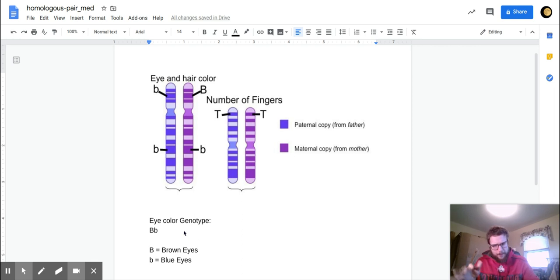Now, we talked about dominant recessive a little bit on Tuesday as well. Here's how this works, and I think I said this on Tuesday. If you go back to your vocab, it's in there. If you have a single dominant allele for any particular trait, then your phenotype is going to be whatever that dominant allele represents. So in this case, this person, they got one trait for eye color from mom. They got one trait for eye color from dad. One of them was the dominant trait. So remember, that recessive trait, it doesn't matter.